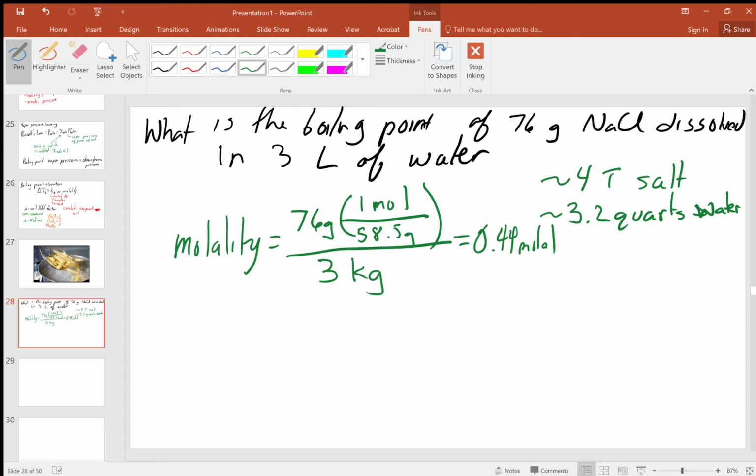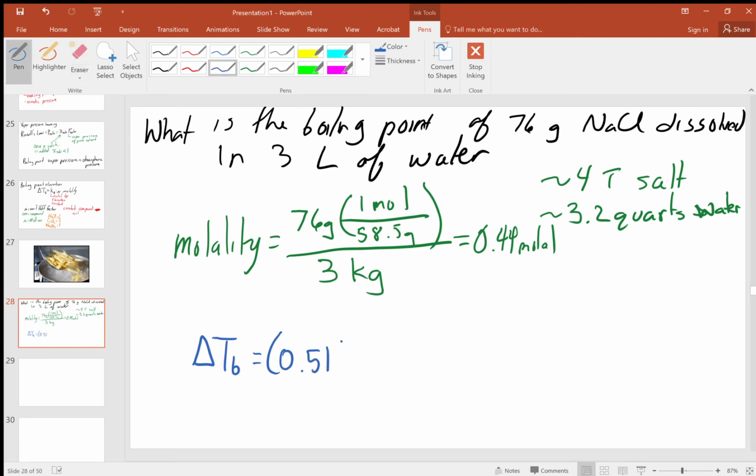So now we can calculate the change in the boiling point by adding salt. Let's start again. So first we need the KB value, which we can look up.